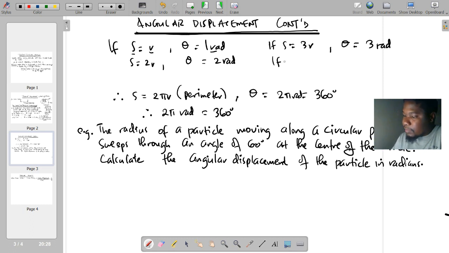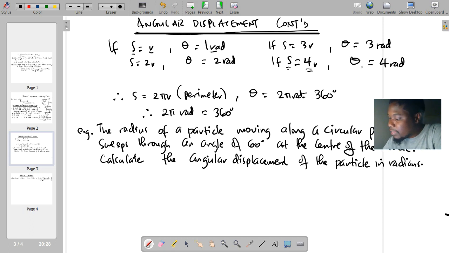And if S is equal to 4 times the radius of the circle, the angular displacement at that point is equal to 4 radians, okay? But now you have to remember, S is the arc length. So if we cover a distance around the circular path of 4 times the radius, the angular displacement is 4 radians. Very important.